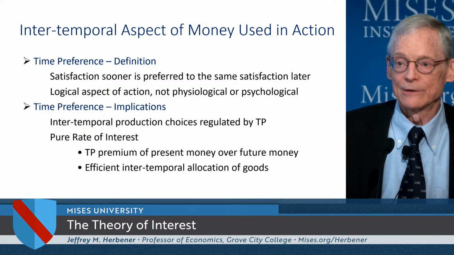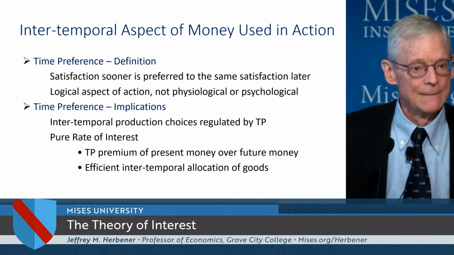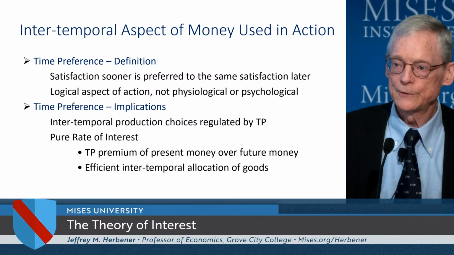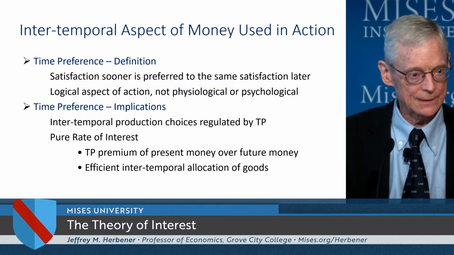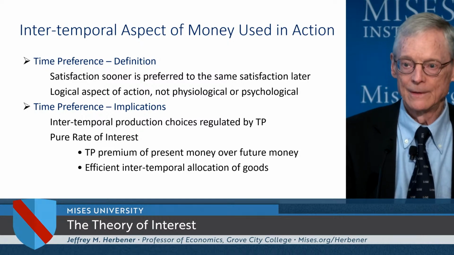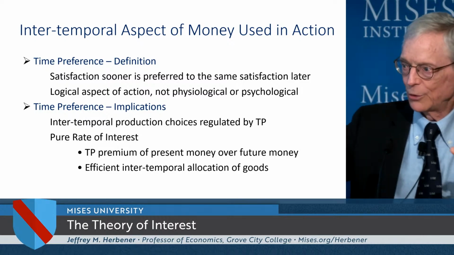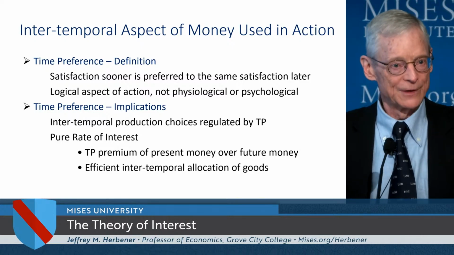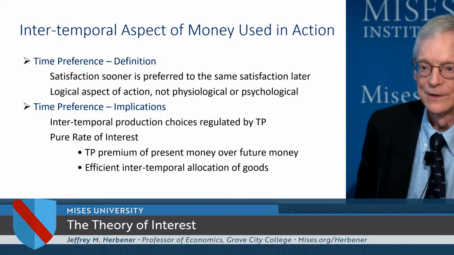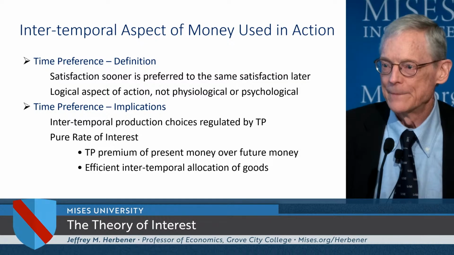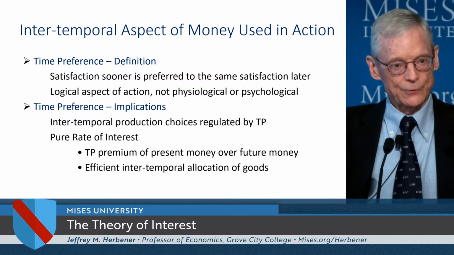Because people have time preference, in the market, the entrepreneurs will always choose the shortest, most productive production processes that are technically feasible. And then they'll extend those to the point where the costs of extending them further would rise sufficiently to make them not advantageous.